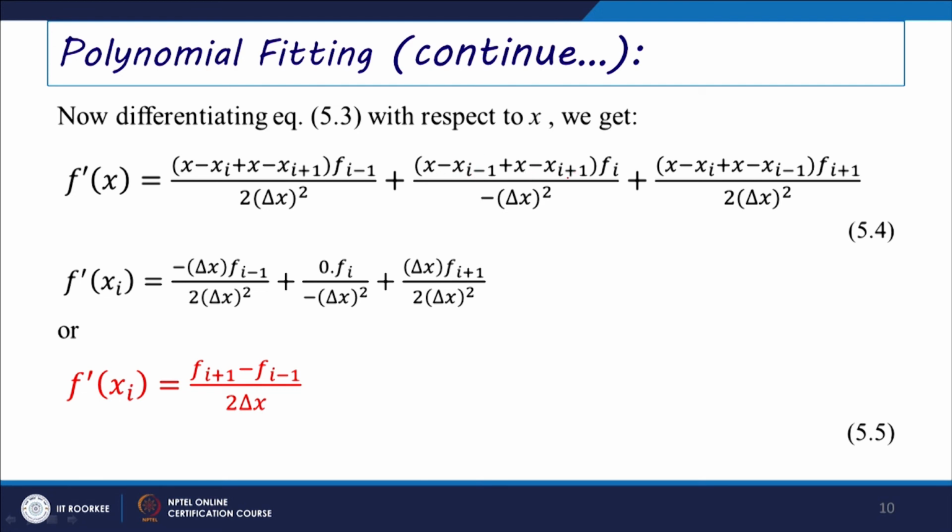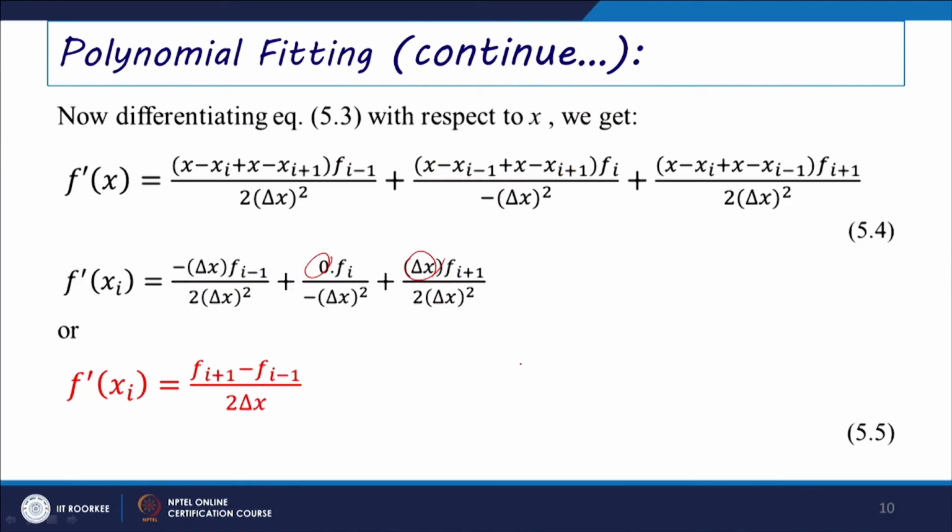And xi minus xi gives 0, xi minus xi-1 gives delta x, so this is delta x into fi+1. Finally, we get f dash of xi equals fi+1 minus fi-1 divided by 2 delta x.